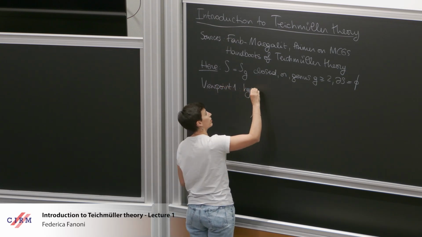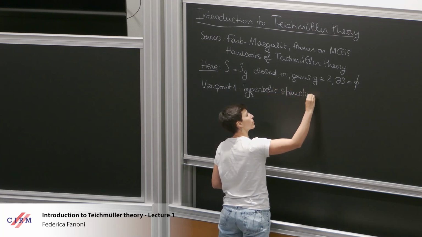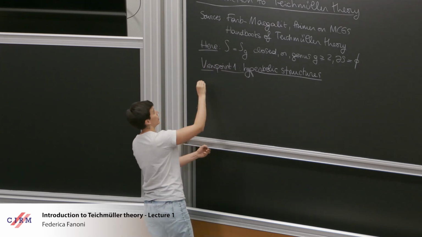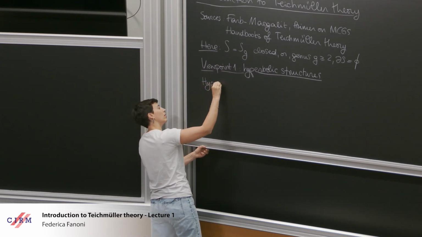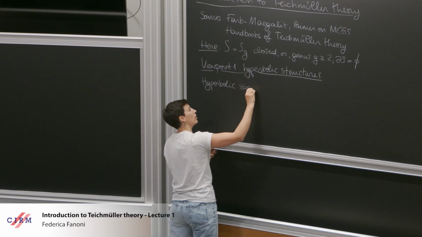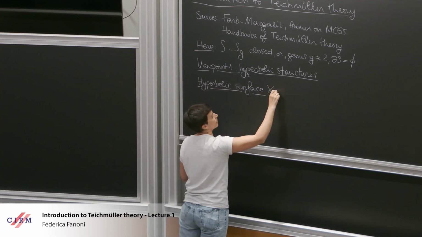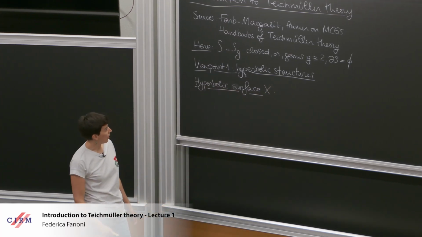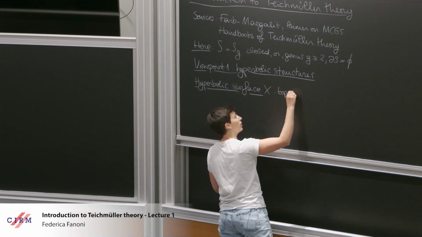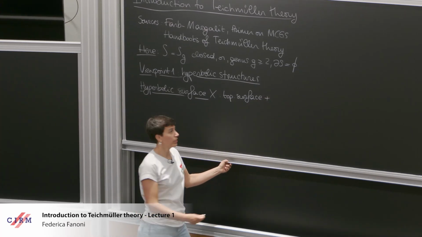So let me start with this. What's a hyperbolic surface? Let me call it X. That's a topological surface with a hyperbolic metric.